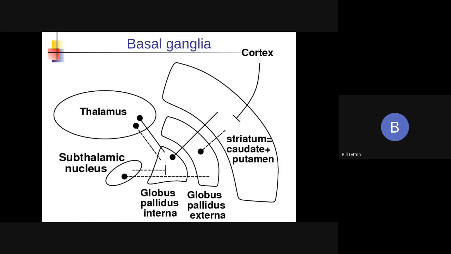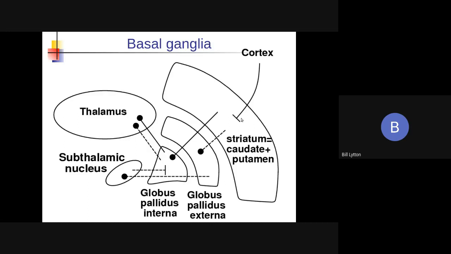We have the direct pathway, which is, let's see if I can find it, cortex to striatum to globus pallidus pars interna, and then to thalamus. That's the direct pathway.